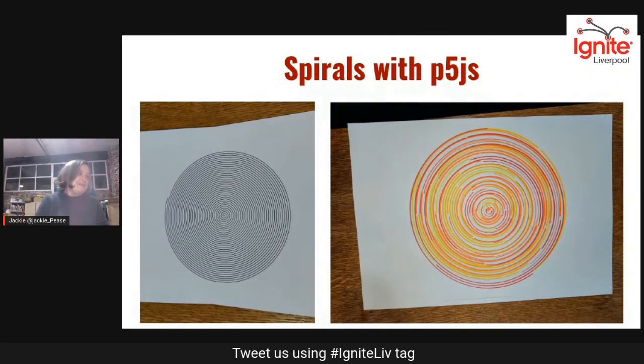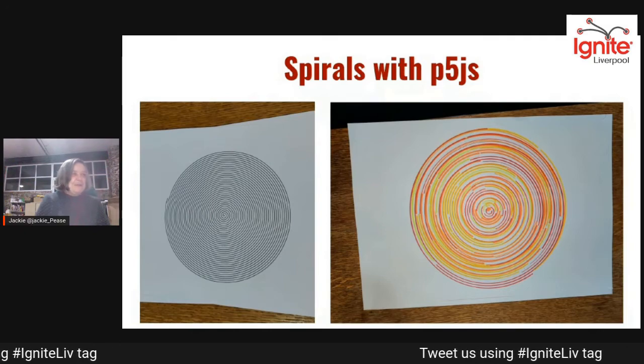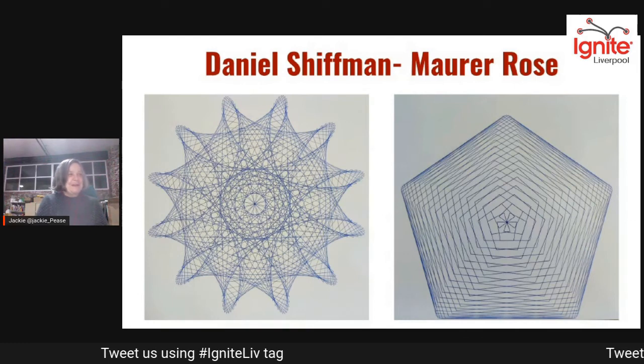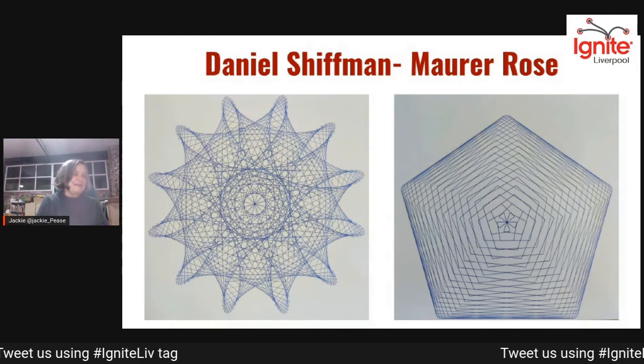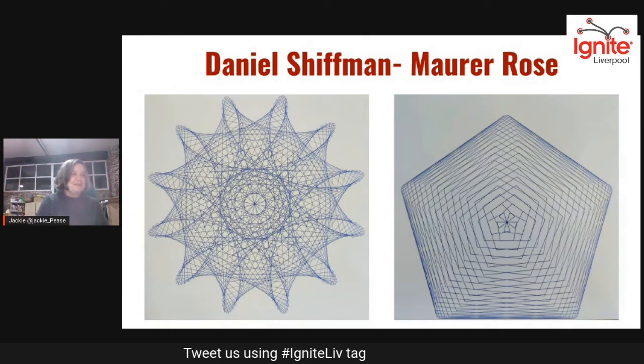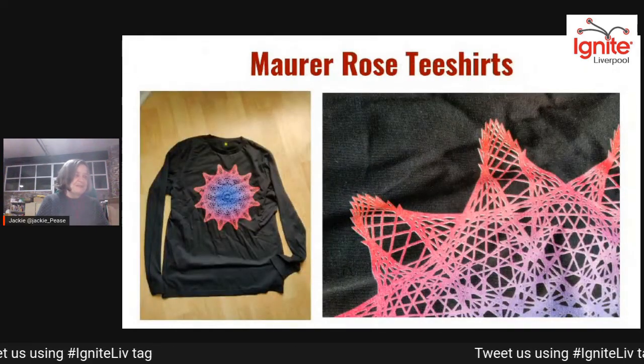Here I created some designs with P5JS, and these were simple spirals. You can enter the code and produce mathematical things. It's quite easy to go and look at websites and find mathematical formulae to use. Daniel Shiffman is a person who's done a lot of tutorials in P5JS, and that's really useful. It's worth looking up if you're interested in that sort of thing.